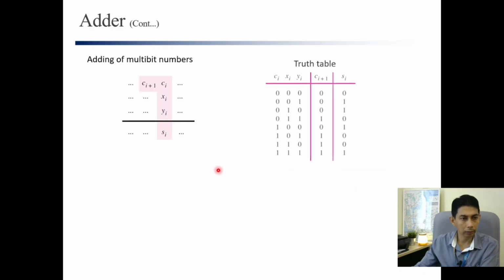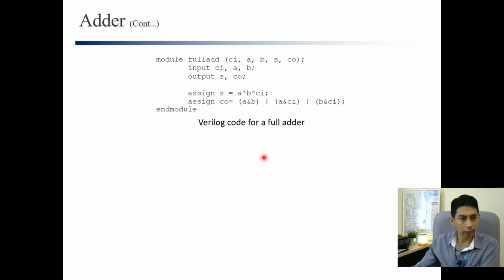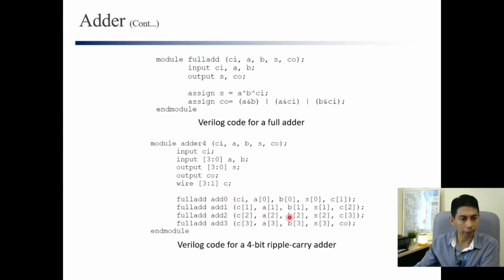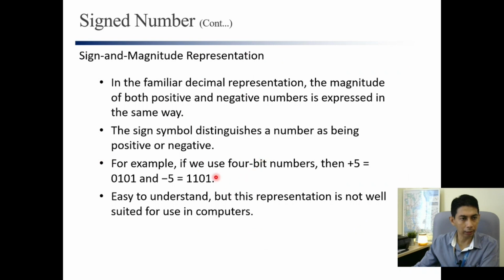Adder done. So we have learned how to design an n-bit adder, so more than a 1-bit adder, using hierarchical modular design, or hierarchical design methodology. Signed number, we have learned how numbers are represented in digital.